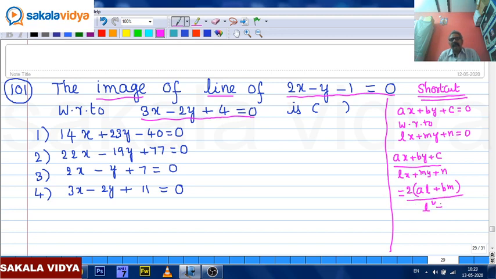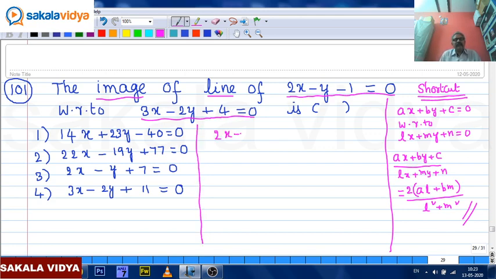After cross multiplication you get a line. So this we need to find out. Now the image of this line we need.